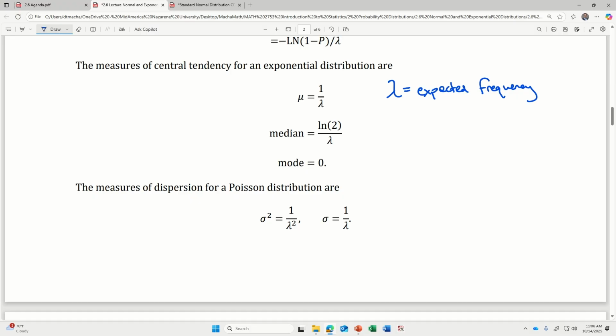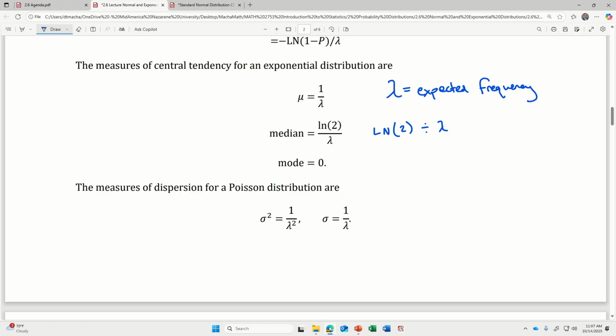If I want the distribution mean, that's going to be 1 divided by the expected frequency. If I want the distribution median, that's the natural log of 2 divided by the expected frequency. And the mode of an exponential distribution is always 0.